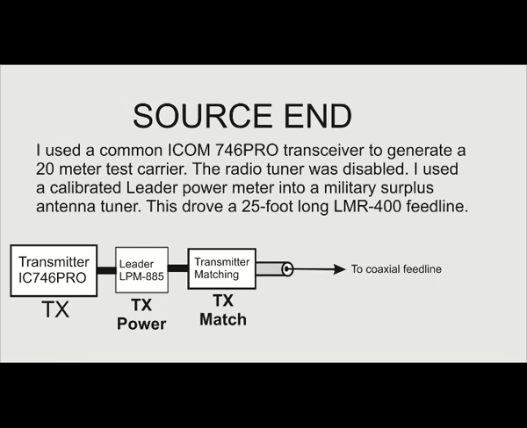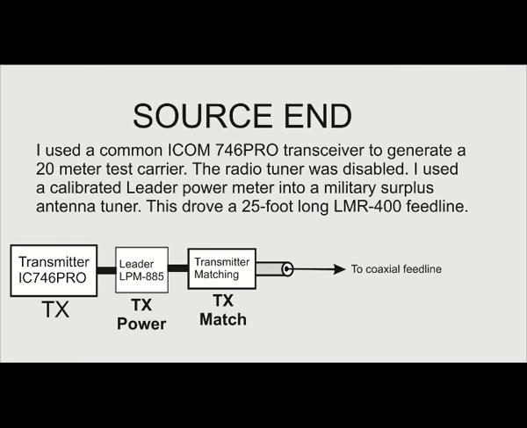This is a block diagram of the source end of things. I used a common ICOM 746 Pro transceiver to generate a 20 meter test carrier. I happened to pick 50 watts because that was full scale on the coaxial dynamics meter. The radio's tuner was disabled. I used a calibrated Leader power meter into a military surplus antenna tuner, and this drove a 25-foot long LMR 400 feed line.